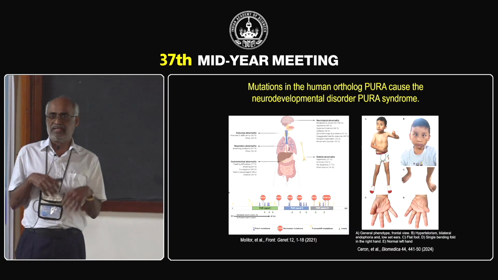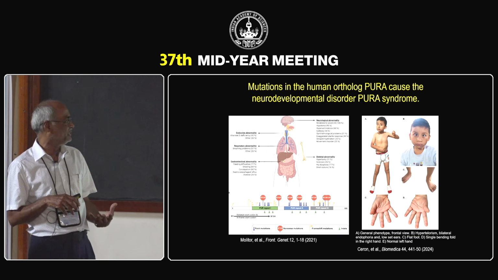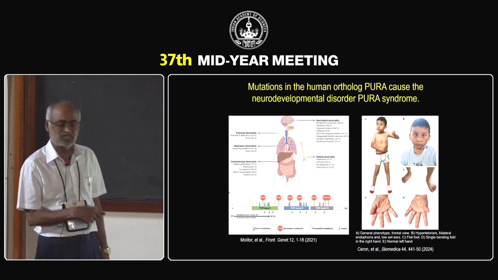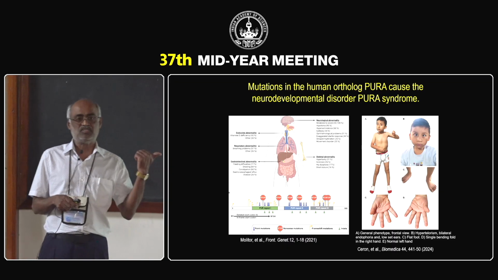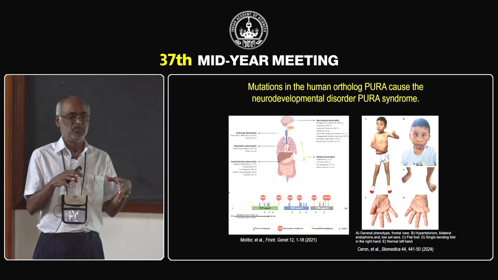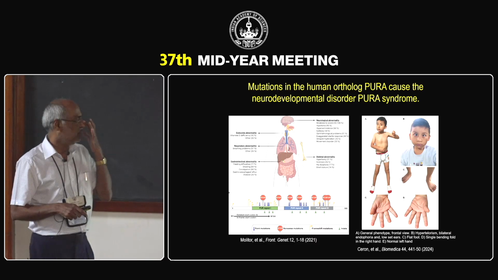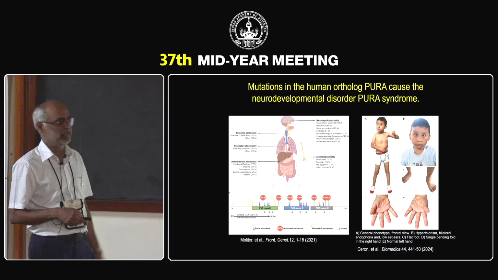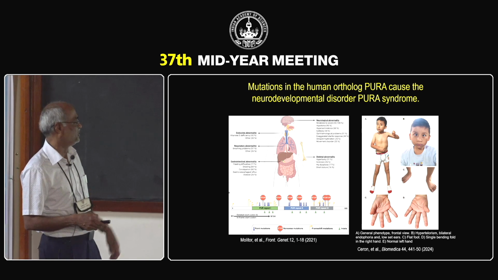And later people discovered through whole genome sequencing that some of the children born with neuronal abnormalities actually have mutations in different parts of this PURA protein, and these are the visible symptoms, and these children do not survive to adolescence. So it's a sporadic mutation. Before reproductive maturity, the child is dead. Okay, now increasingly more and more patients are being identified with this. Almost every month I read 1 or 2 papers describing a new mutation in human.